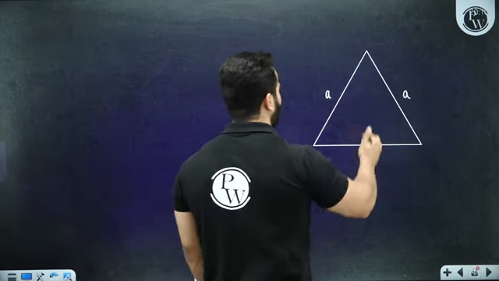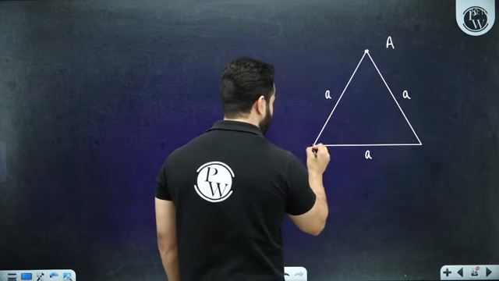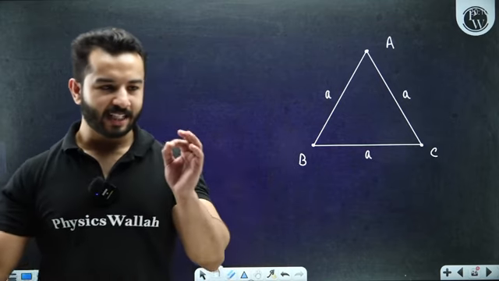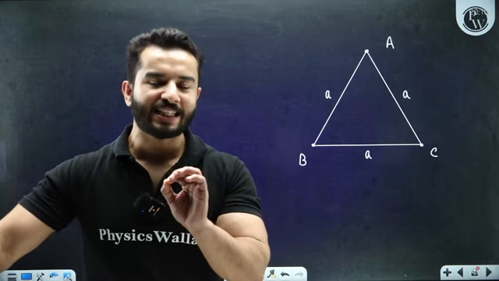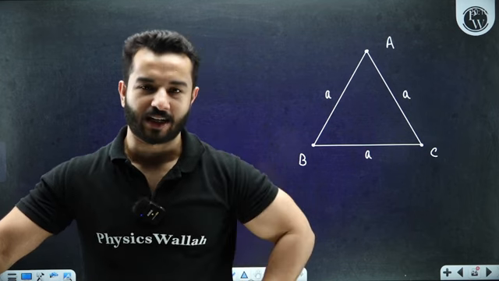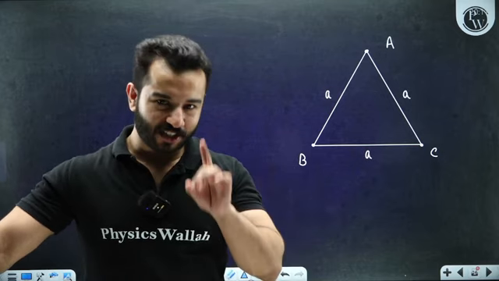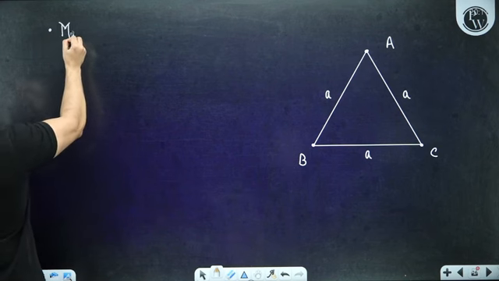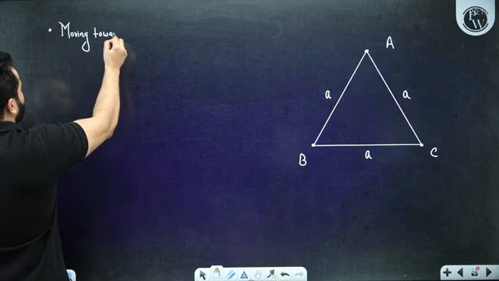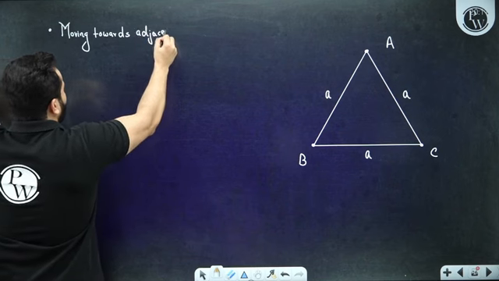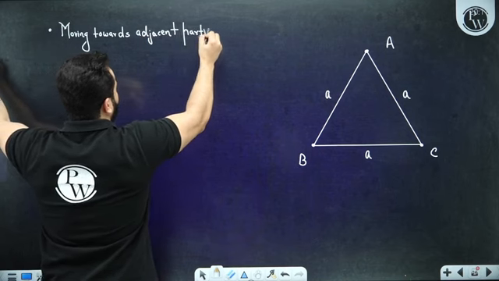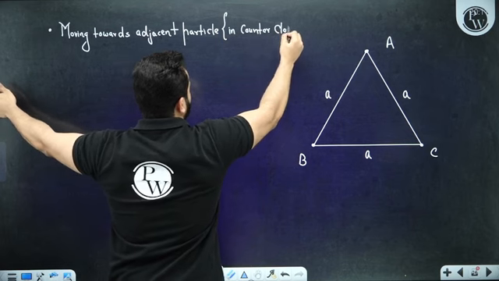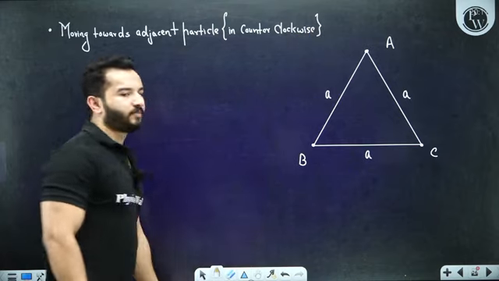What they say is that we have got three particles A, B and C initially placed at the vertices of an equilateral triangle, and they are moving towards the adjacent particle in the counterclockwise direction all the time.